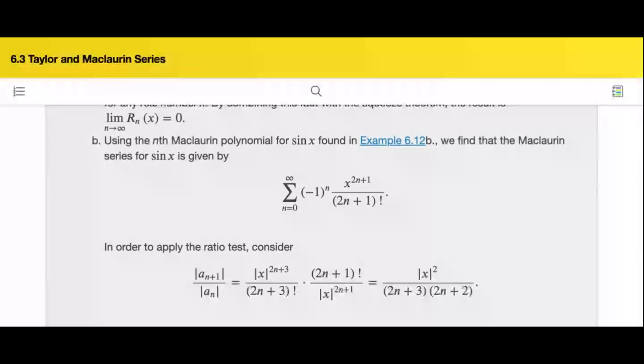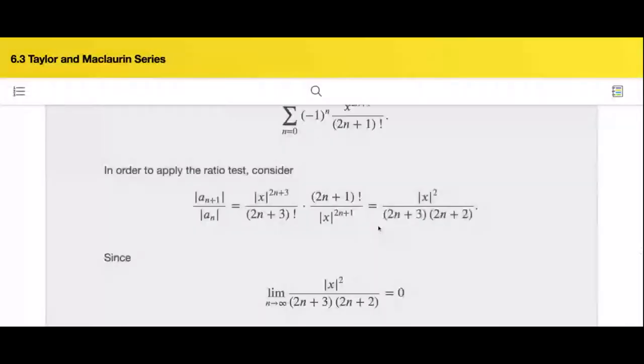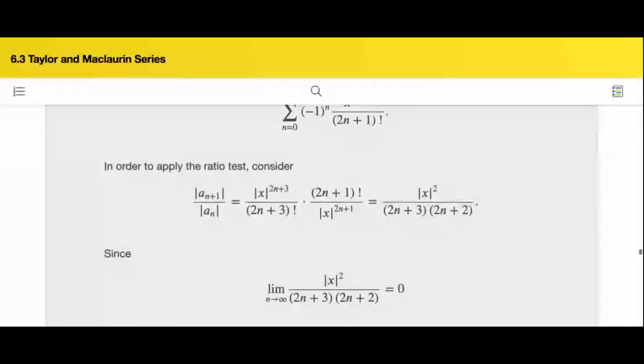So we apply the ratio test. Once we apply the ratio test, we simplify and get this: absolute value of x squared divided by 2n plus 3 times 2n plus 2. So now let's take the limit of this when n approaches infinity.